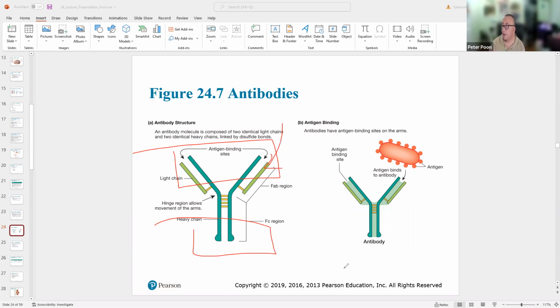The Fc region attracts immune responses from the body. Complement proteins bind here, macrophages bind here, oxidants bind there. If something collects a lot of antibodies, the immune system is going to want to pay attention, so they'll be attracted to the Fc region.